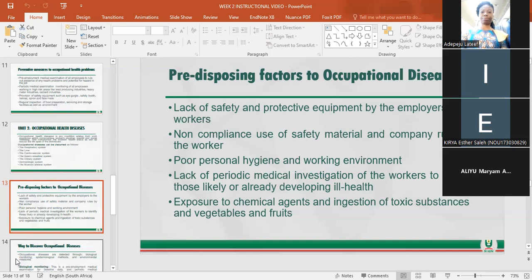The essence of having a pre-employment medical checkup is to have your baseline record.